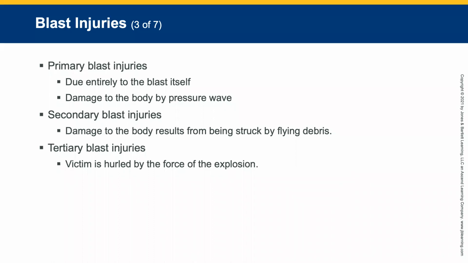Let's use the Boston bombing, the recent one we should all remember. They had the cooker pot, and when it exploded, it sent out bits and pieces of bolts and washers and all that. That is part of your secondary. Then your tertiary is from you being picked up and thrown to the ground. The initial injury is the shock wave and the pressure wave that you receive. Those are the different types of injuries we're going to see.